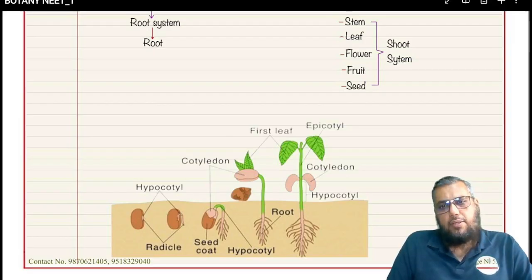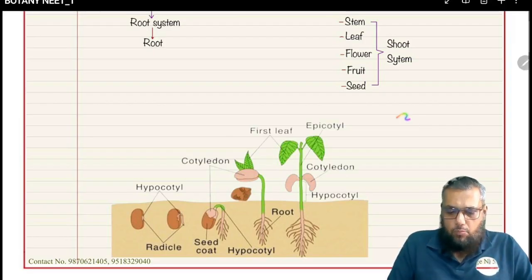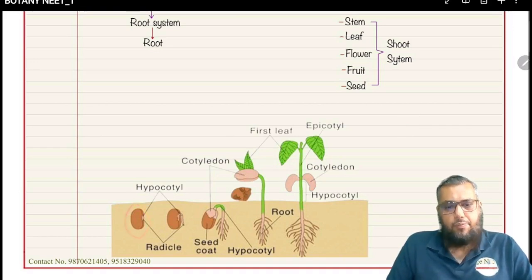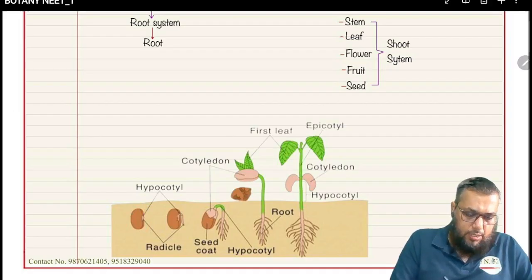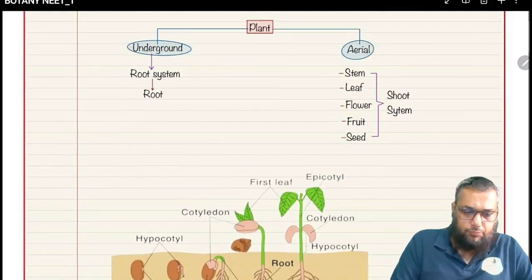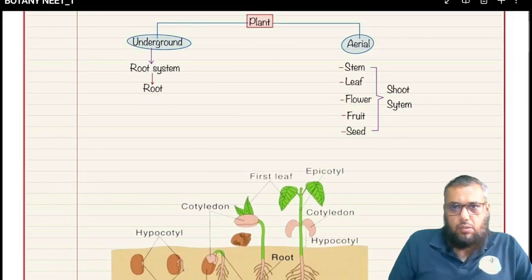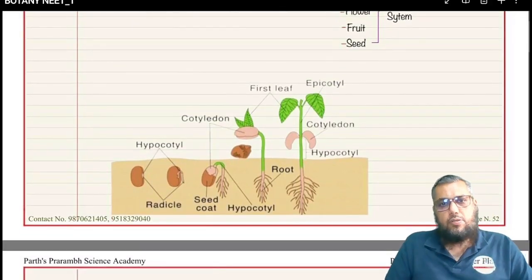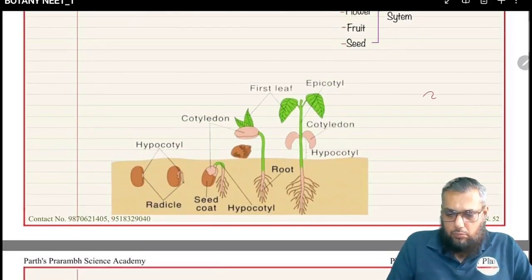But how does the plant begin its life? The plant begins its life in the form of a seed. So here we see the presence of a seed. Now, as you observe, a typical seed will show the presence of what I call the baby plant.